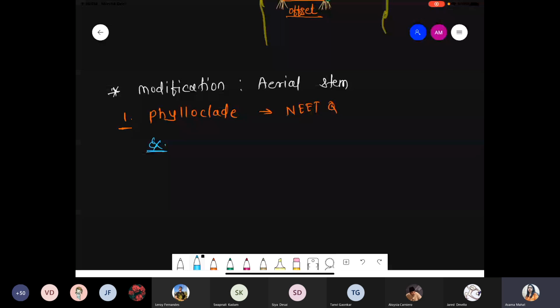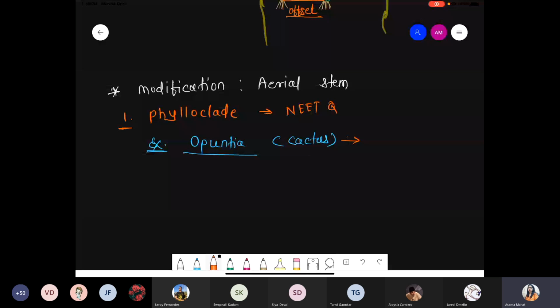This is very common in the plant Opuntia. Opuntia is the scientific name, or biological name, for the cactus. And you know very well, cactus is present in desert conditions where water is less. In Opuntia, or the cactus, there is a presence of flat shape phylloclade.